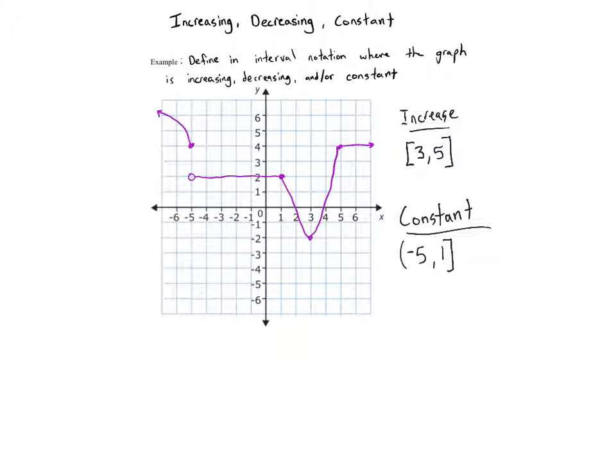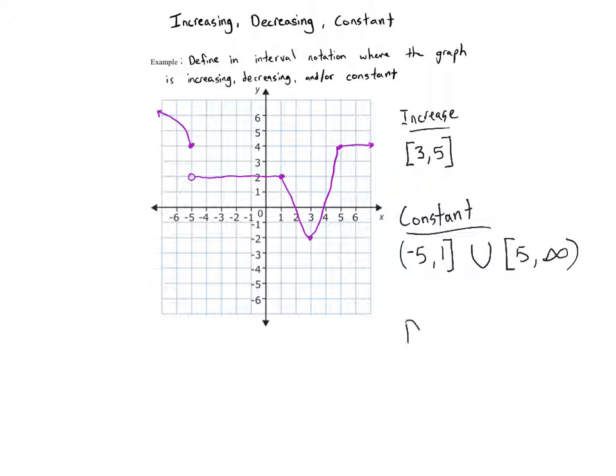So let's put it here. So let's put a bracket at 5. A bracket or whatever, on 5? No. Oh, infinity is always a parenthesis. Yeah, good thinking. So y'all know open circle means parenthesis. Filled-in dot means bracket.